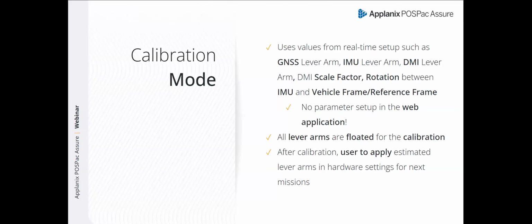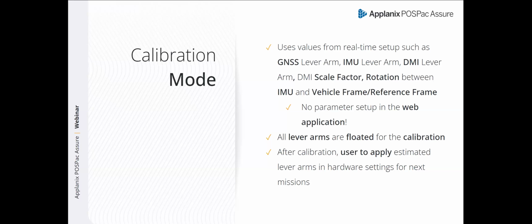So let's dive a little bit deeper into these two main features, calibration mode and ground truth. So for the calibration mode, this one actually uses all the values from the real-time setup of the system, such as the GNSS lever arm, IMU lever arm, for land products the DMI lever arm and scale factor, and also the rotation between the inertial measurement unit and the vehicle frame, the reference frame.